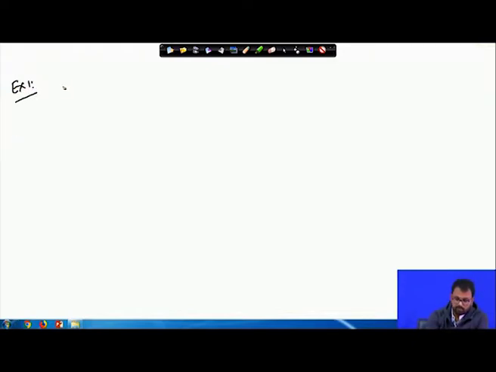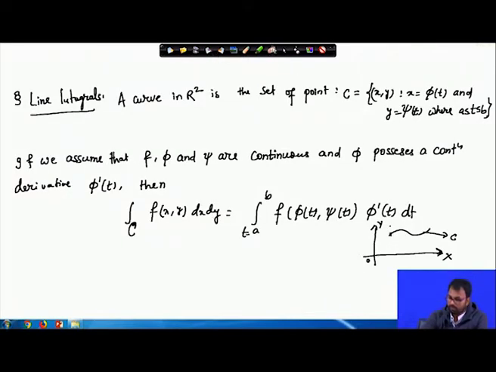This example says evaluate the integral over the curve C of dx by x plus y, where C is the curve, and here we have only dx.